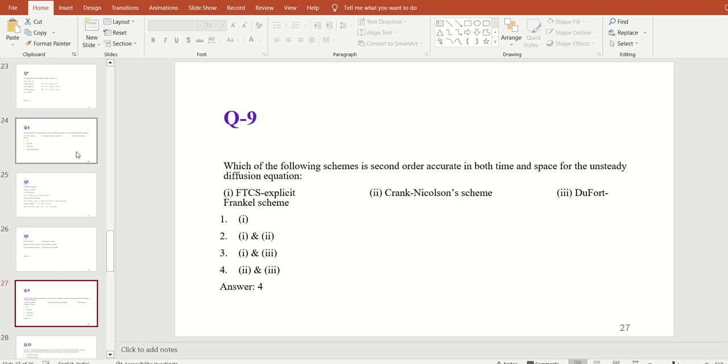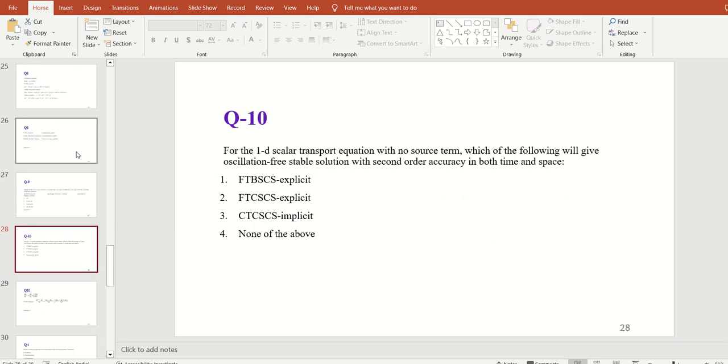We also saw the Crank-Nicolson scheme, where we took the average between the n and n plus 1th time step, whereas in the DuFort-Frankel scheme we used the nth time step as an average between the n minus 1 and n plus 1th time step. We also saw the one dimensional scalar transport equation with no source term, with advection and diffusion terms, where we use the central scheme.